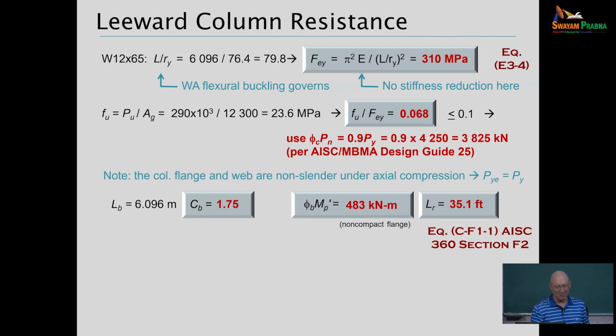Well, L_r is 35.1, and the strength at L_r is generally, even for uniform bending, going to be larger than 1 over 1.75, or C_b. I'm going to show more of this that maybe make it more clear when we talk about flexure a little bit later. But in the U.S.